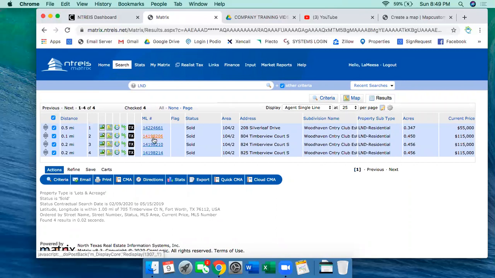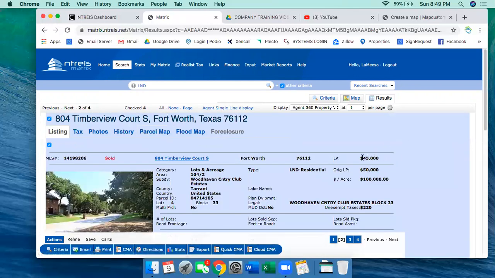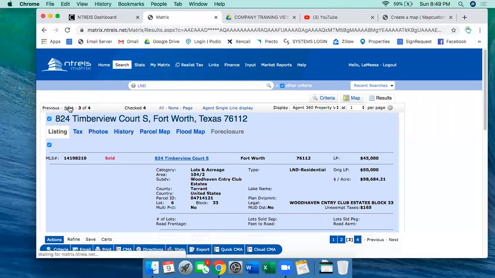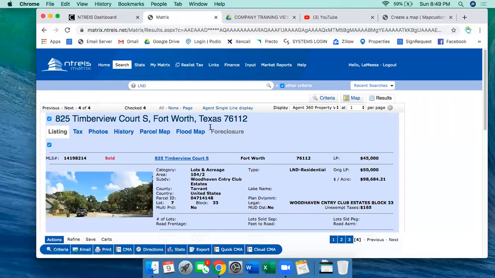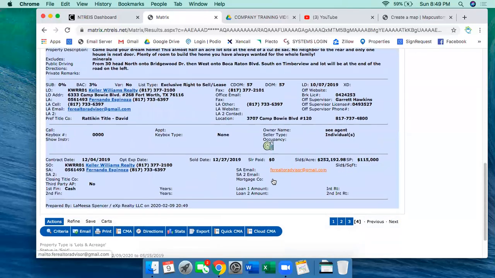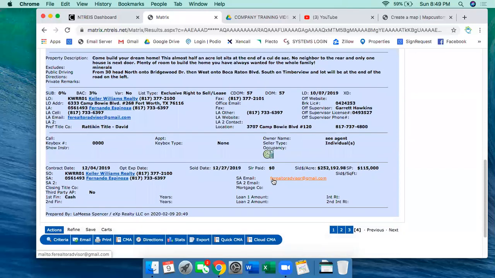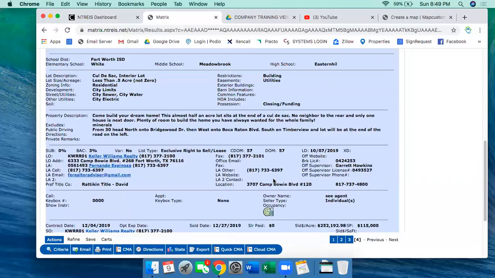As you can see on that first one, they kind of put it as $45,000 each. And let's see if that would be the case. 45,000 times 3 is 135. So one of them sold for less than 45,000. They grouped it up because 45 times 3 is 135.